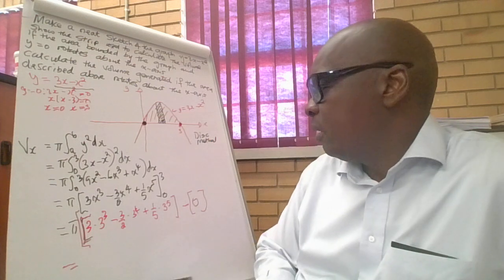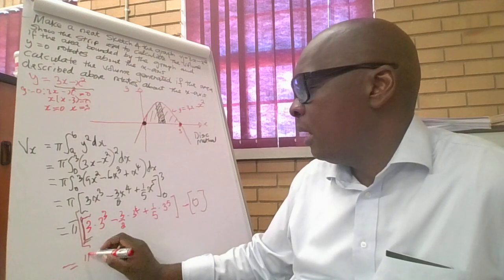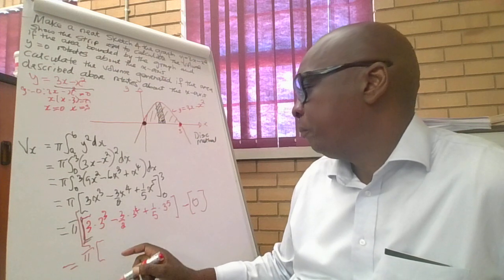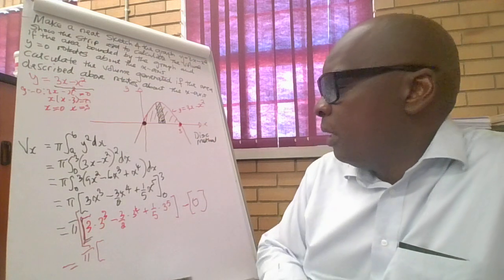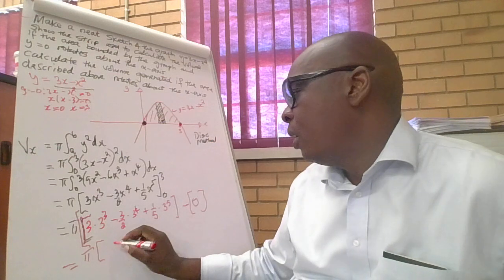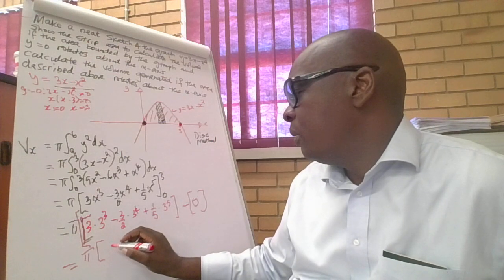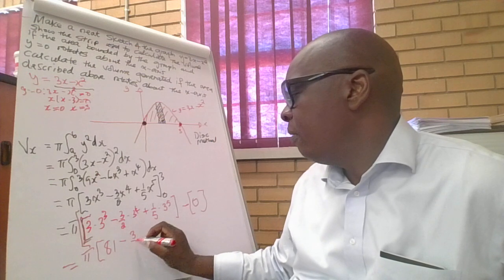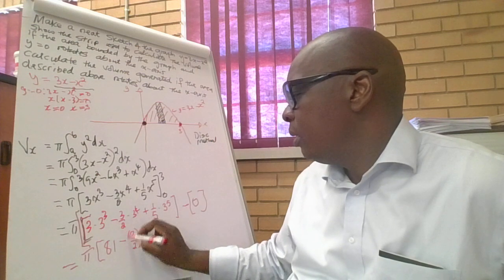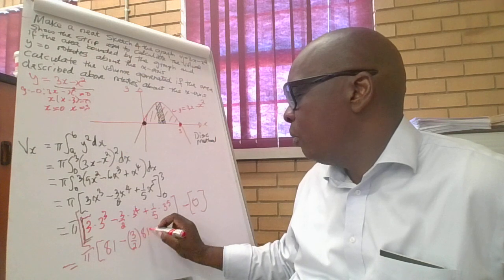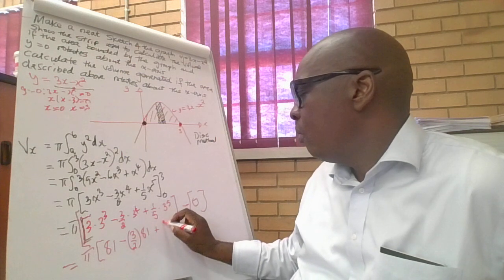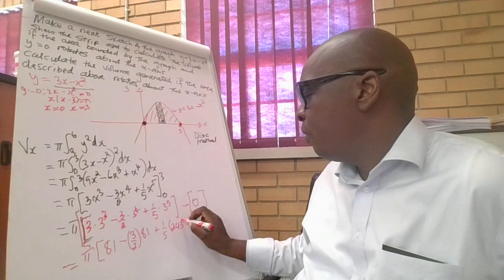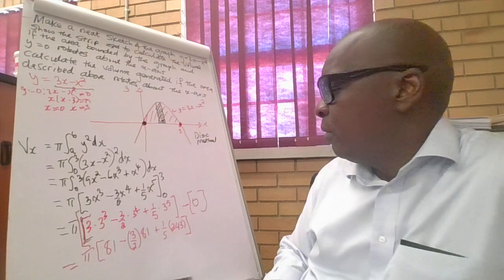So now you can simplify this. This is going to be pi times, that is 3 times 3 cubed, that is 81, minus 3 over 2 times 81 plus 1 over 5 times 243. 3 to the power 5 is 243.